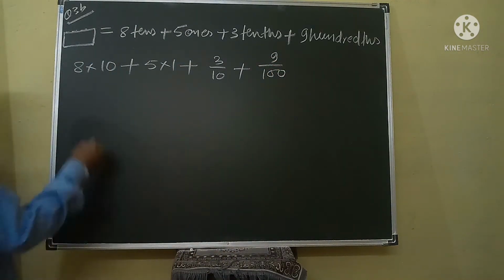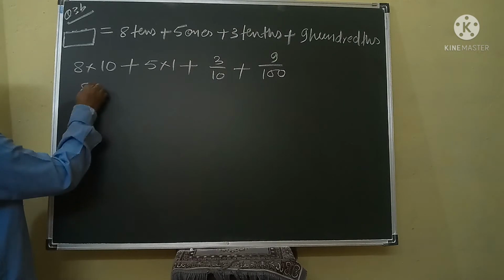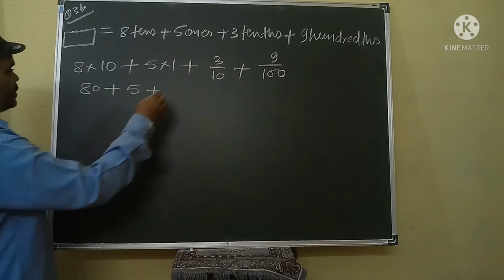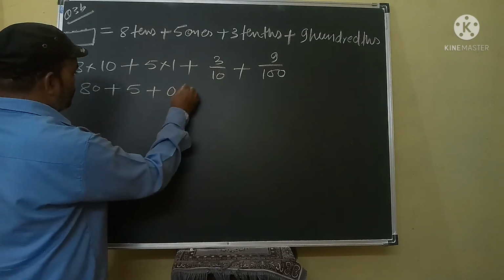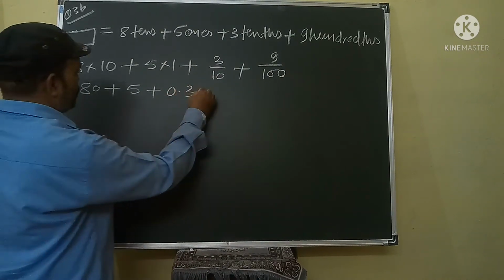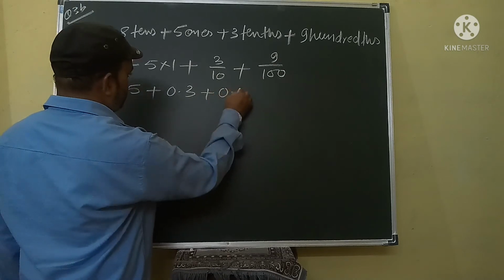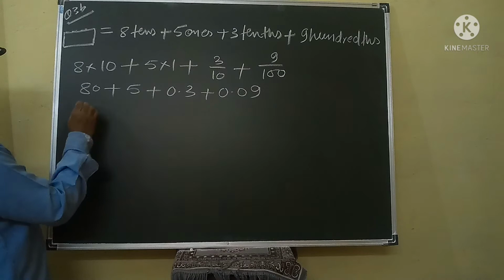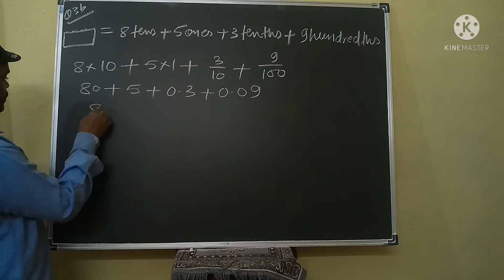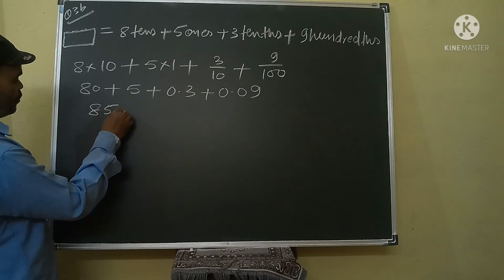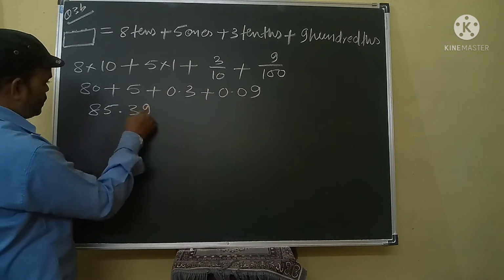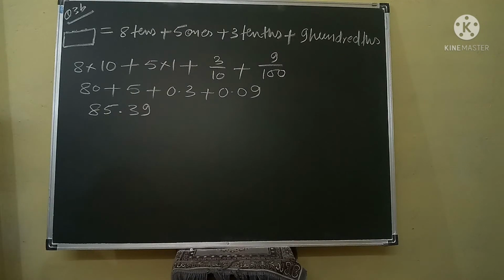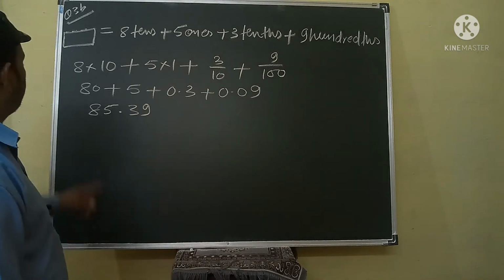So 8 tens is 80, plus 5 ones is 5, 3 upon 10 means 0.3, 9 upon 100 means 0.09. Then we will add 80 plus 5, and get 85.39. This is the required answer.